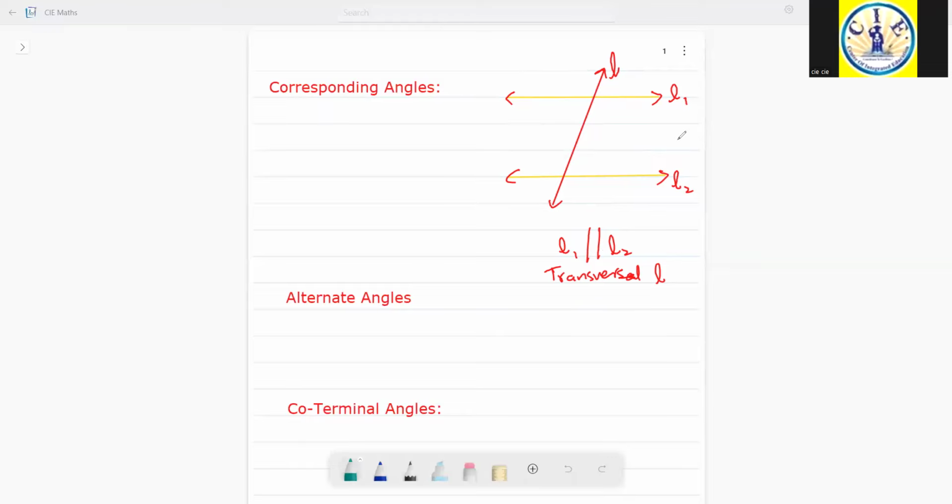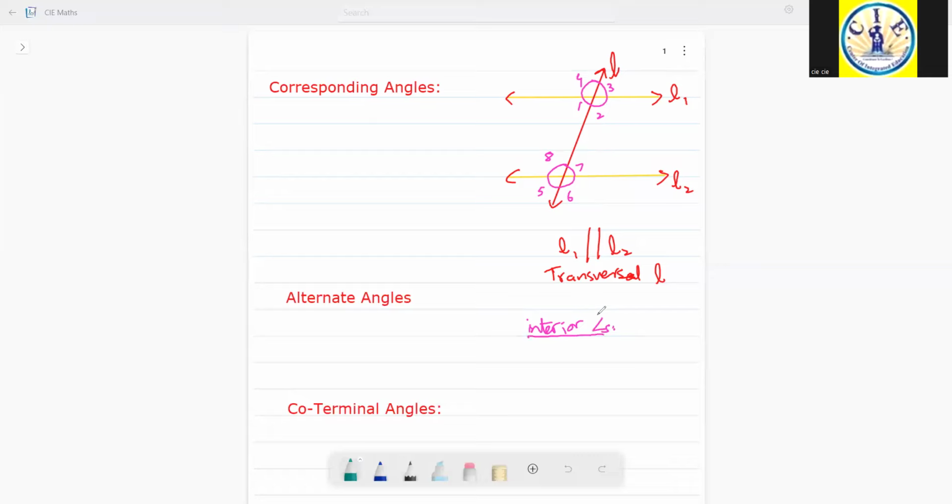Now, if we have the angles, let me label them as 1, 2, 3, and 4. Similarly, 5, 6, 7, and 8. Now I define interior angles.